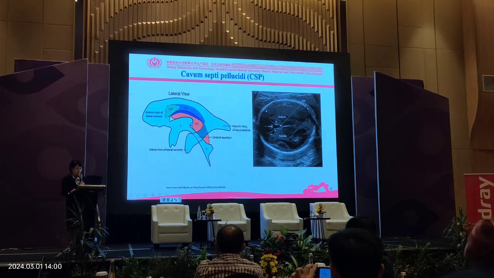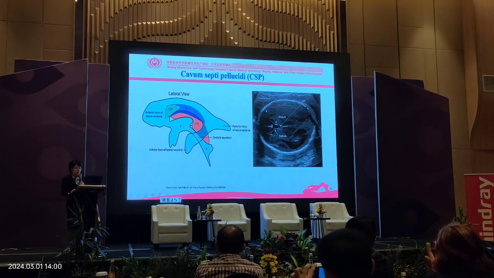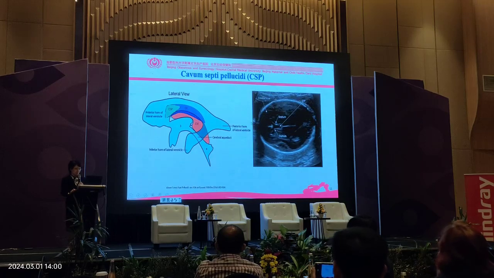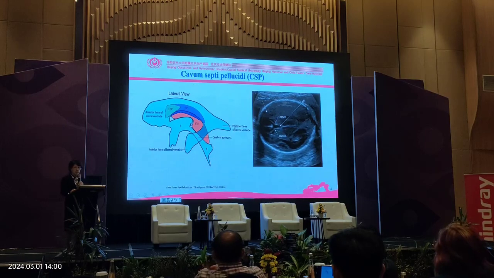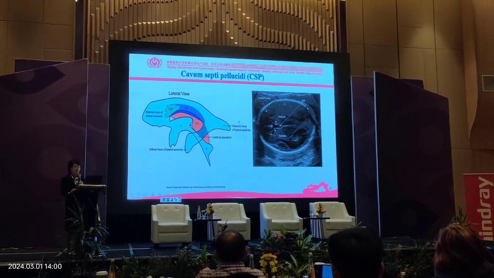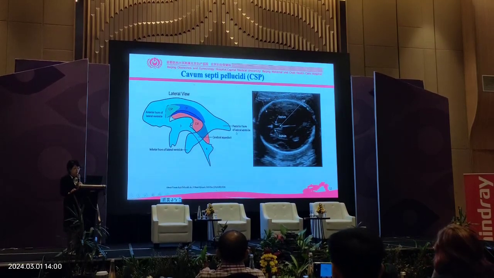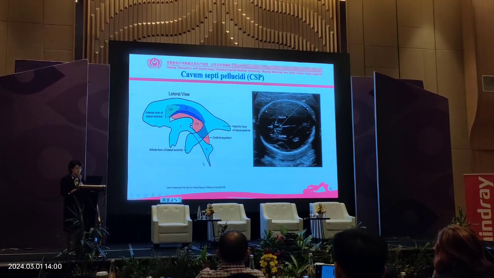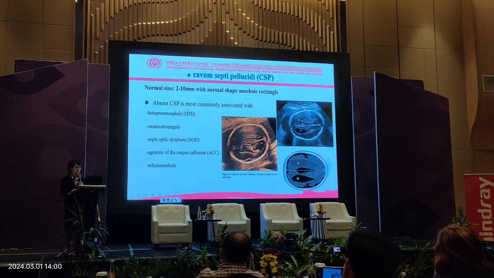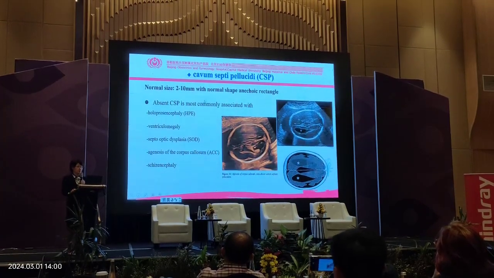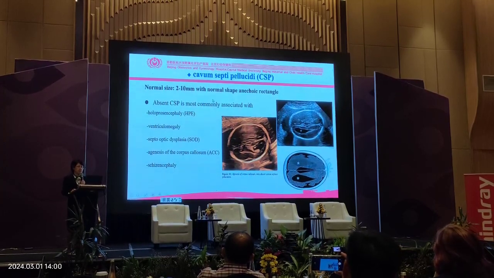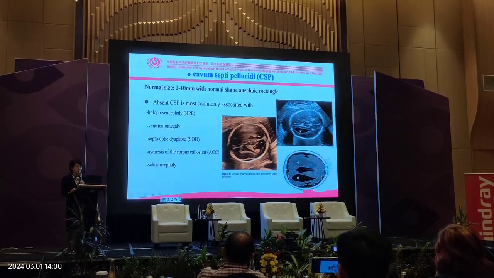Usually, the CSP is typically formed at 17 weeks of gestation, and throughout gestation the CSP gradually closes, and after 37 weeks of gestation it's usually no longer detectable ultrasonographically. So it's a very important structure. The normal size for the CSP is between 2 to 10 millimeters, with normal shape.